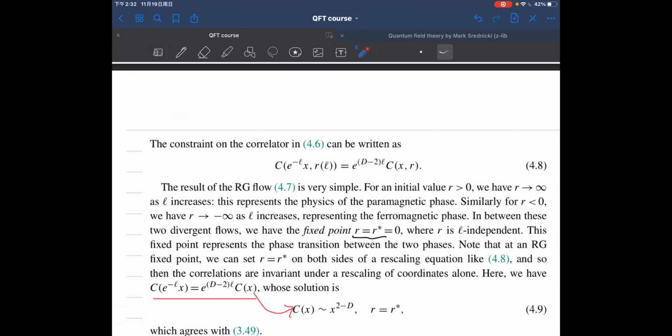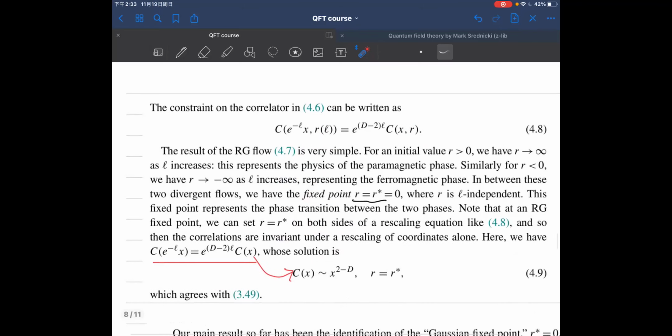Between the divergent flows, we have a fixed point. This is a critical point. This represents the phase transition between the two phases. Notice that at an RG fixed point, r equals r star on both sides, which means this is r star and this is r star. Then we just drop r star from the definition, so we get this equation.